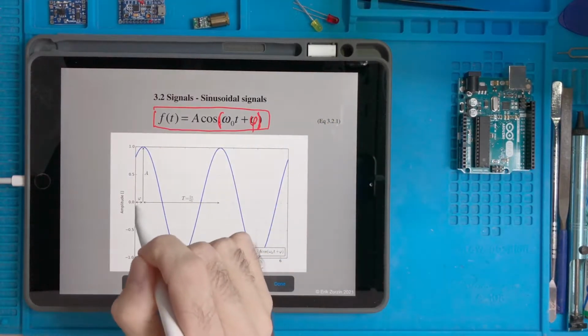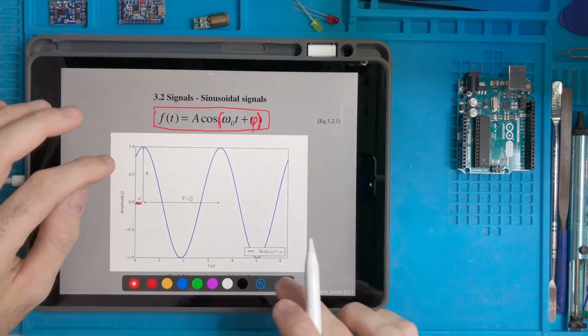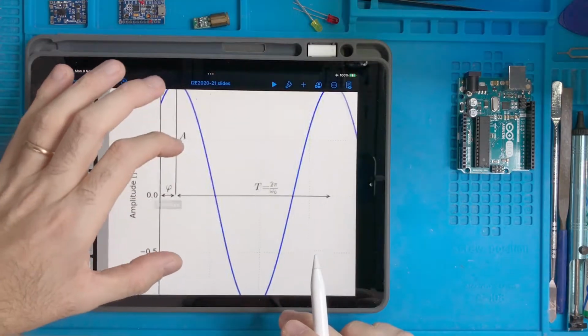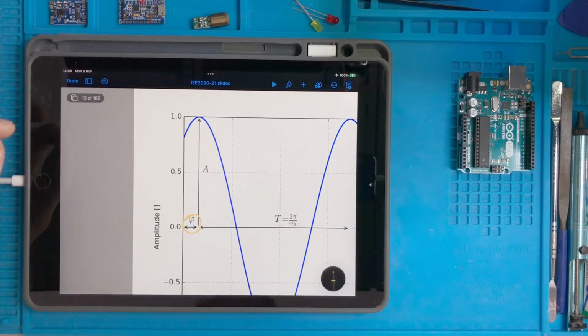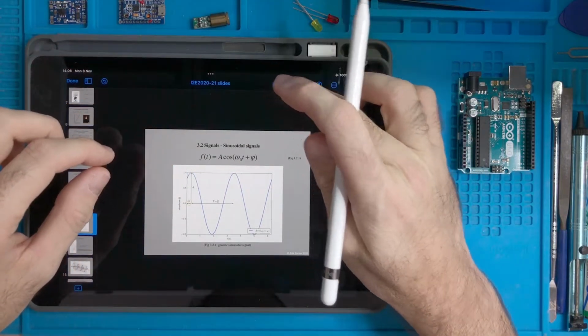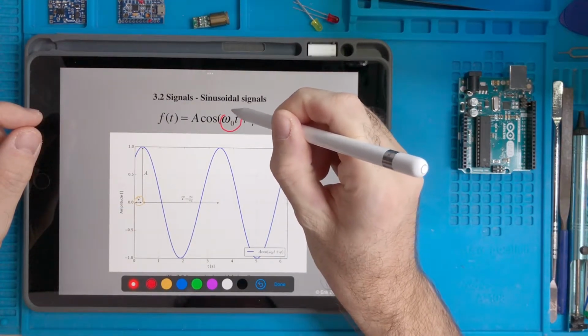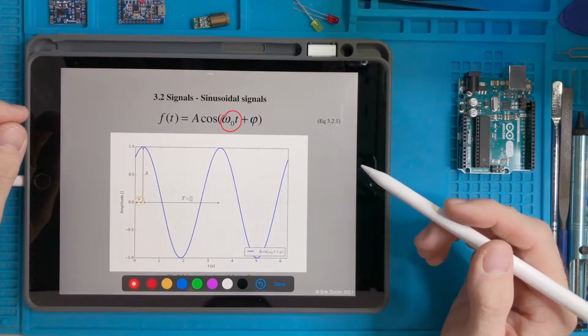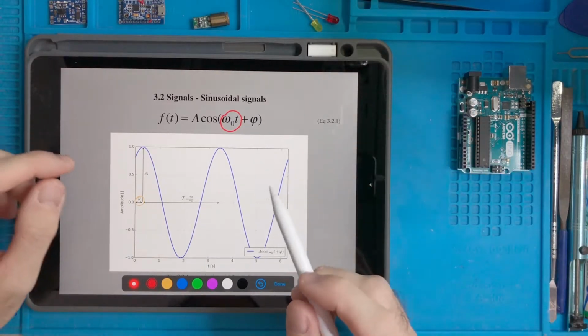So this thing here, and then there is another part of the angle which is the part omega t, which is variable in time, and omega is the frequency, of course.